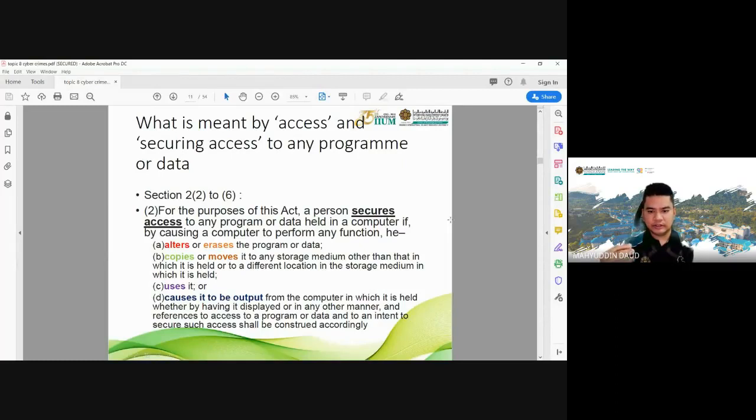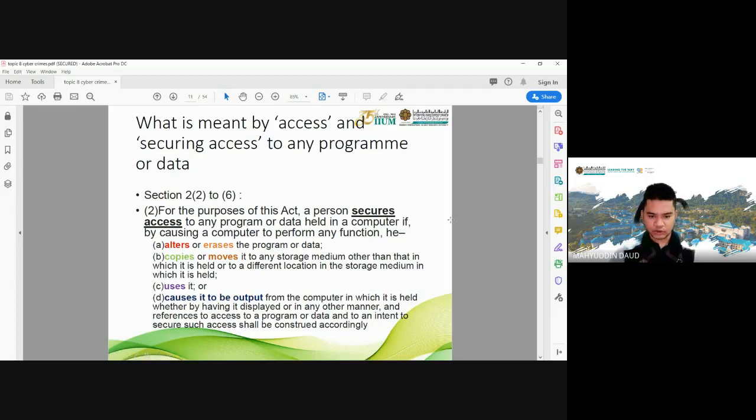Yeah? Maknanya dia buat something, dia masukkan certain code ke, any virus ke apa, he does any act that can cause the computer to do these things. He alters or erases the program, copies or moves it to a storage medium other than the one in which it is held.